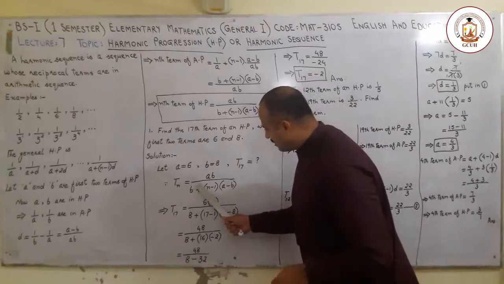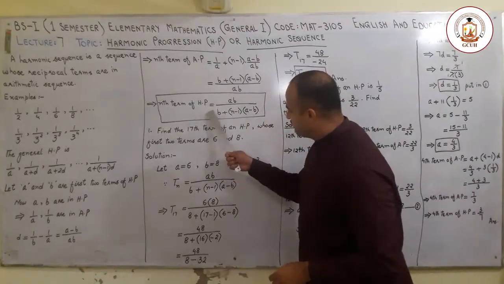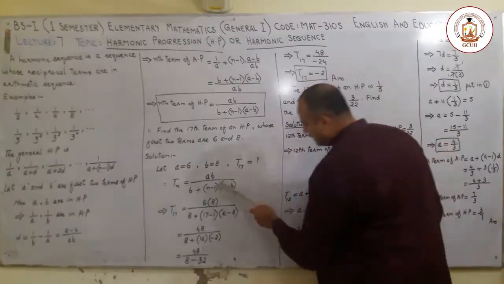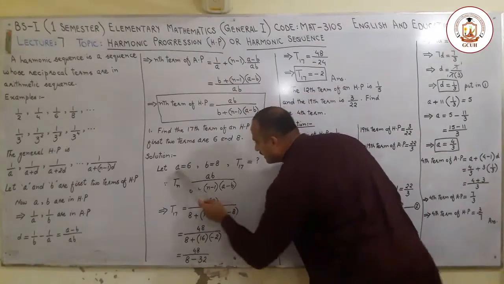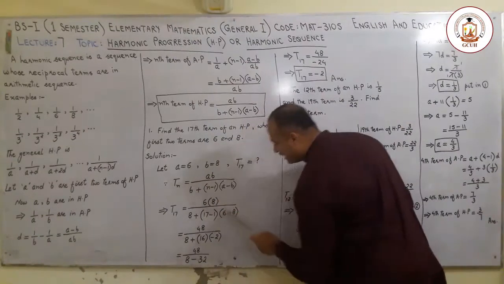So nth term of harmonic progression which we have derived just now is written here. Let us substitute the values of small n, a and b in this formula.